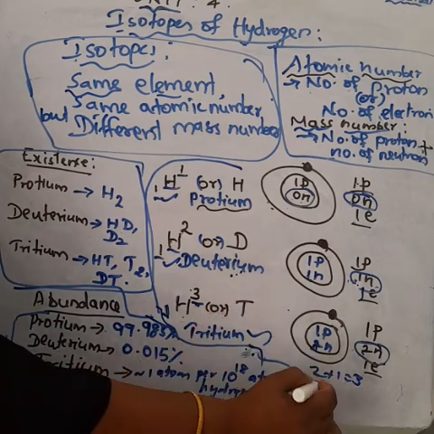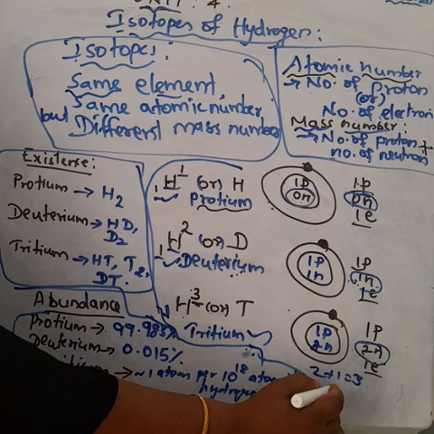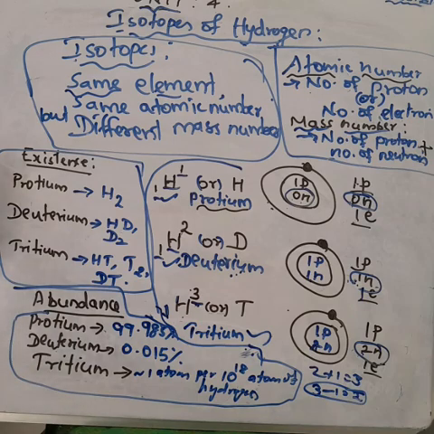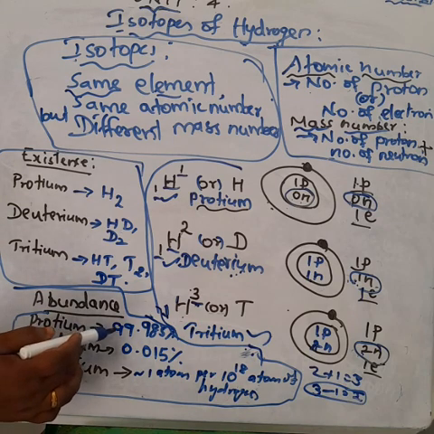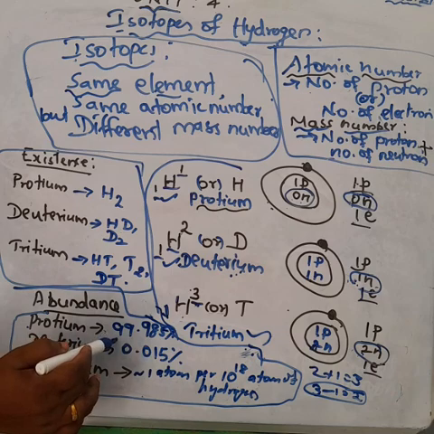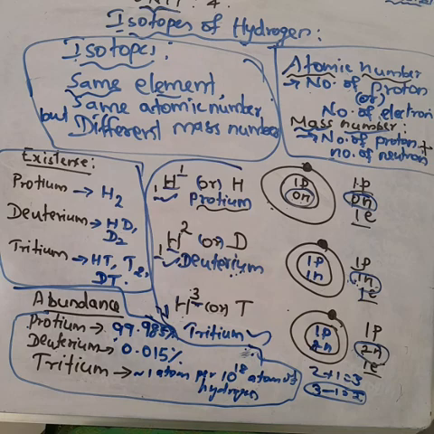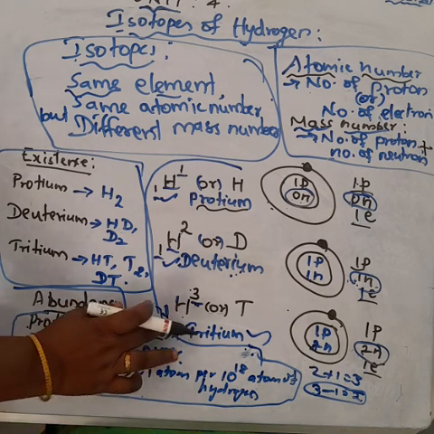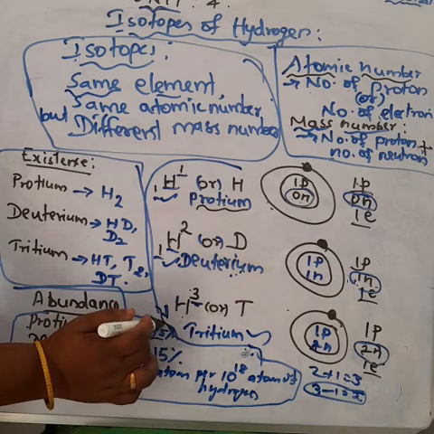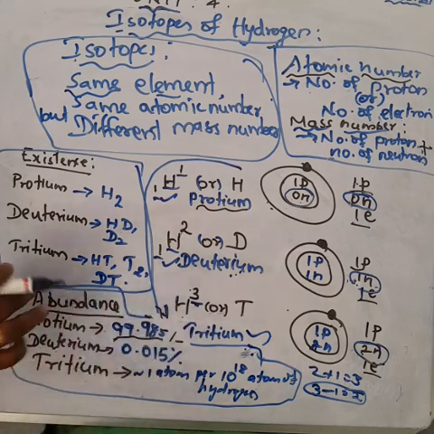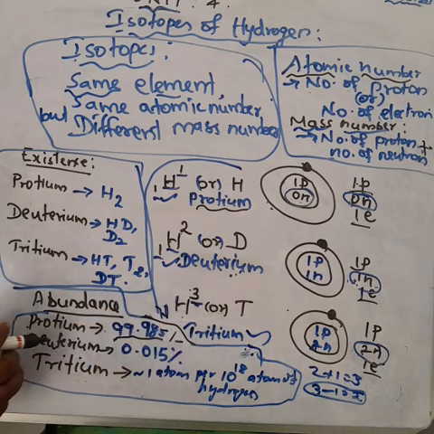Then what is the abundance of the isotopes of hydrogen? First, protium. Protium has the highest abundance, 99.985%, in the Earth's atmosphere.